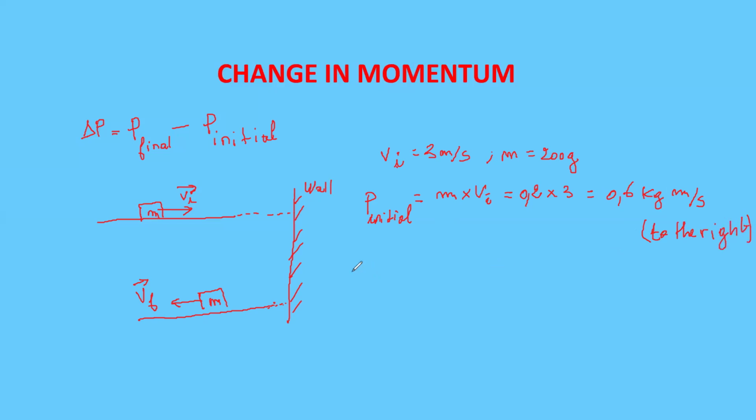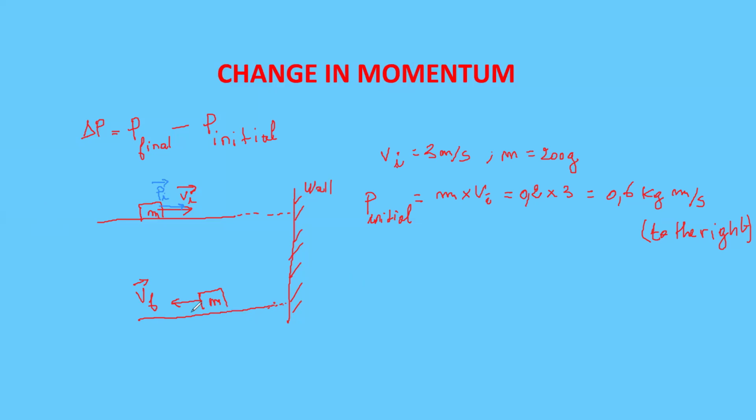Now, if I want to calculate the final momentum, here I can represent the initial momentum. As I said in my previous video, the momentum always has the direction of the velocity, so P and V have the same direction because the mass is positive.